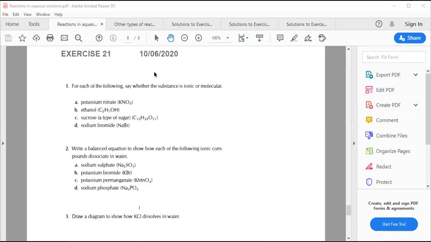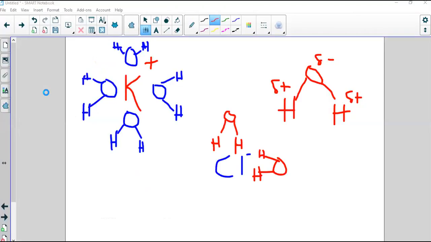right? Something happened here. Let me just, something has happened here. Okay, just hold on. Okay. Just a second. Something has happened here. Try and open it again. Just a second.